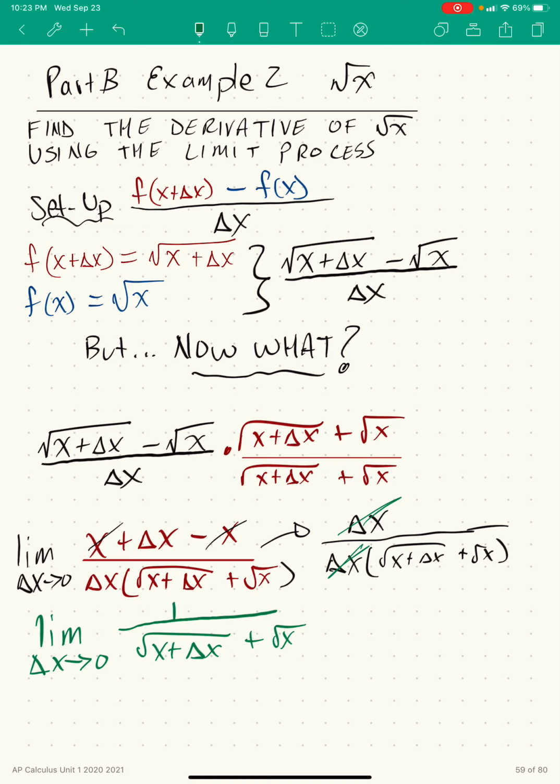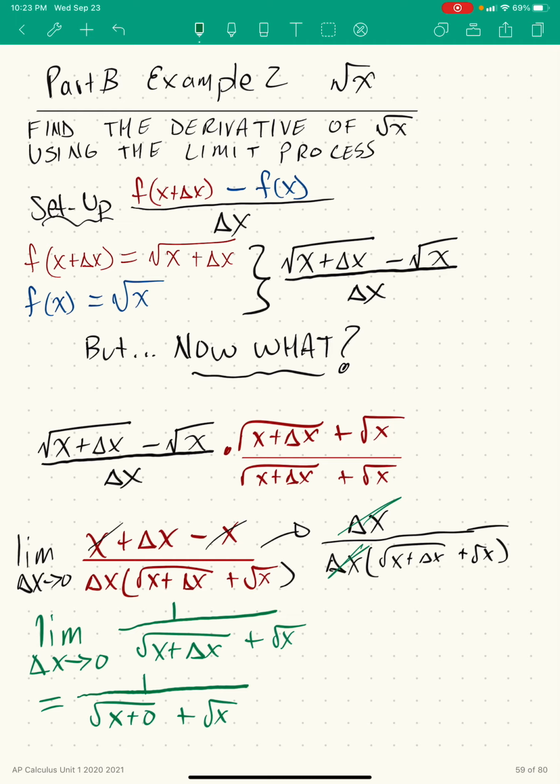Okay, now let's try it. If you substitute in the 0, what you're going to get is 1 over radical x plus 0, plus radical x. Because remember, when we substitute in this limit, we're only substituting 0 for delta x, so the x's stay the same.